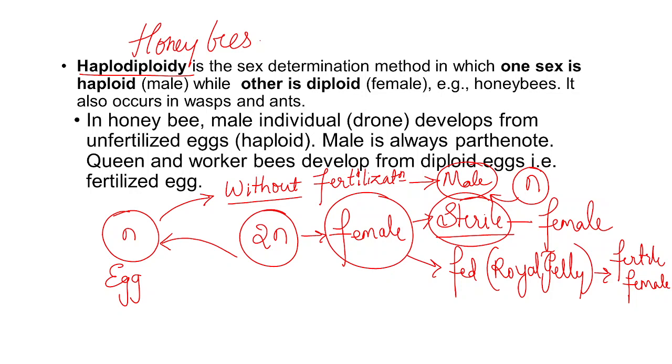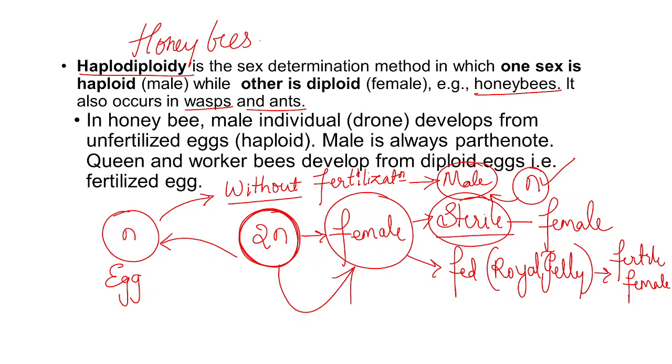Haplodiploidy. It means if the haploid egg cell directly develops into an individual, it will give rise to male. If the egg cell is fertilized, it forms diploid condition, and the individual developed will be what? Female. The haploid individuals will be male and diploid individuals will be female, and it occurs in honeybees and also in case of wasps and ants.